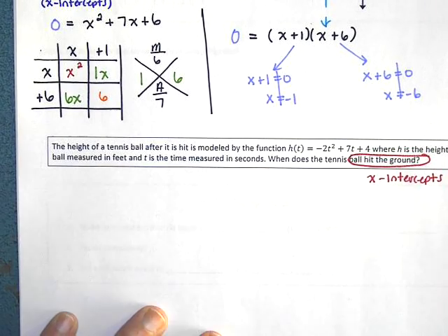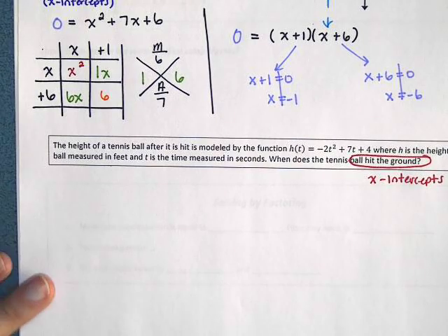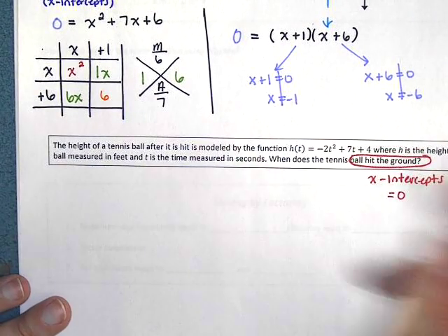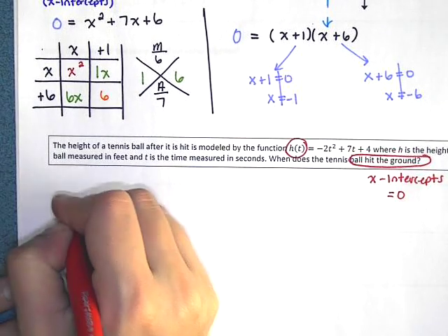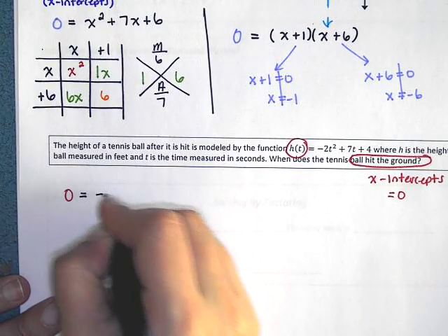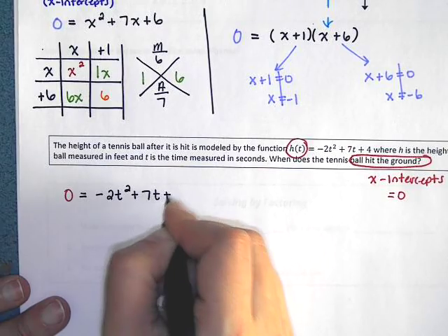That would have been the places on the graph where the tennis ball hits the x-axis, which we learned in our modeling part of the chapter. So, in other words, I need to take this equation and make it equal to 0. So instead of h of t, I'm going to write 0 equals this equation, -2t squared plus 7t plus 4.